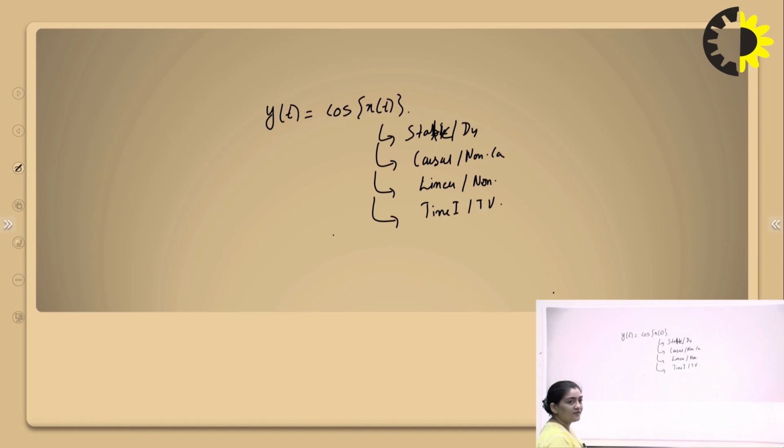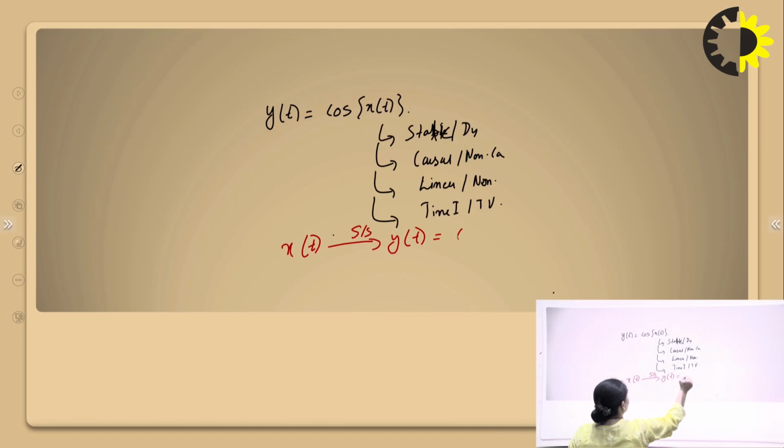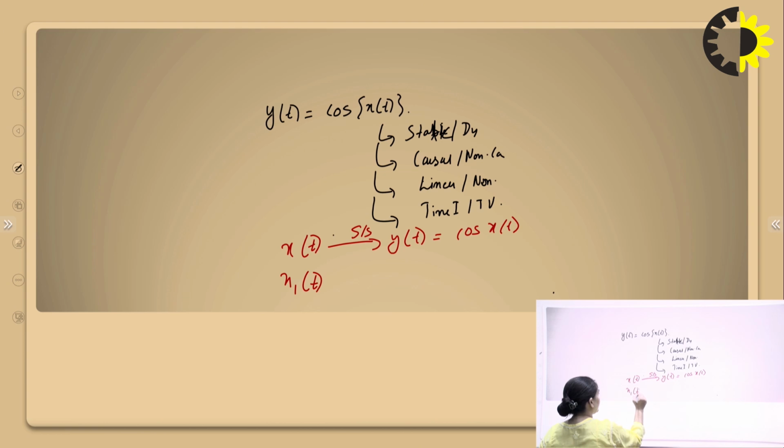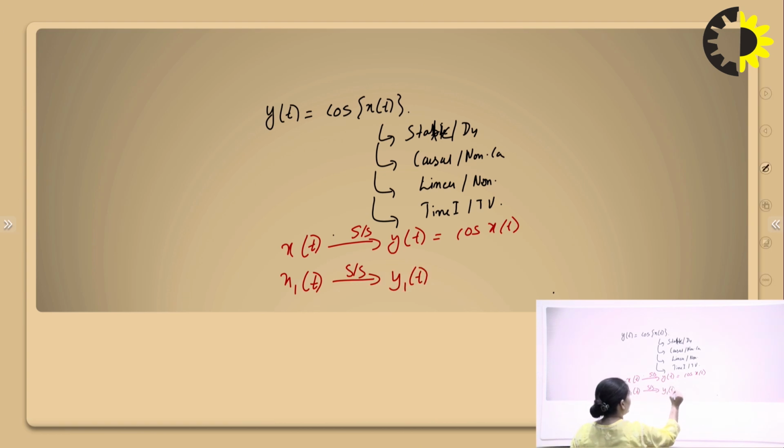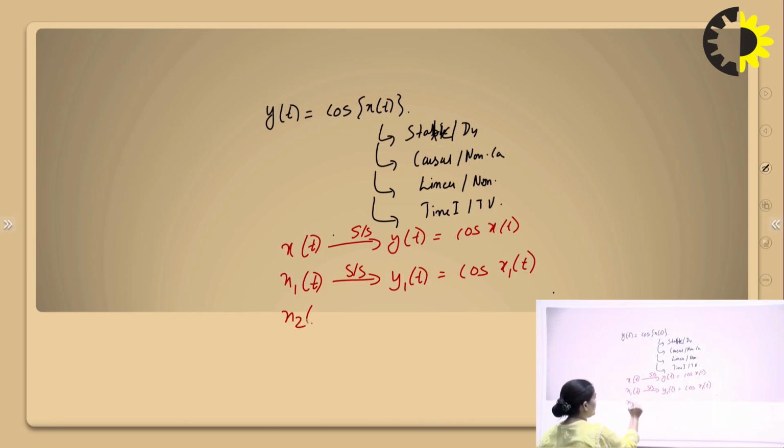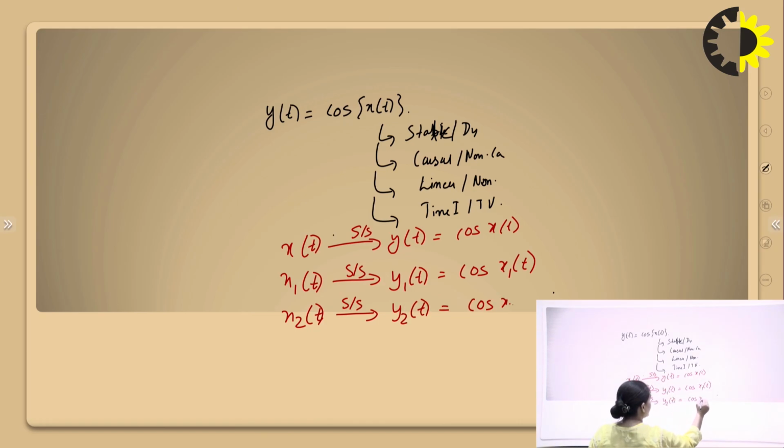Then moving to the next part, that is linear or non-linear. That is very important. Given x(t) in a system we get y(t) as cos of x(t). If I apply x1(t) to a system, we have y1(t), which is cos of x1(t). Then we have x2(t), and we get y2(t), which is cos of x2(t).